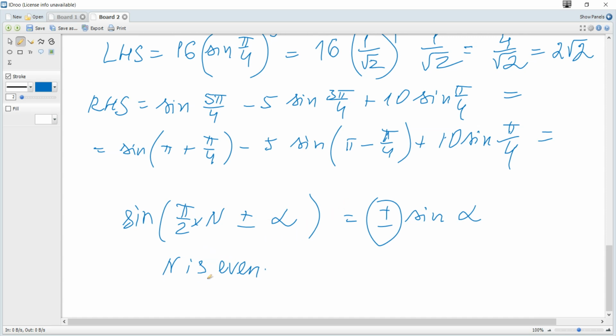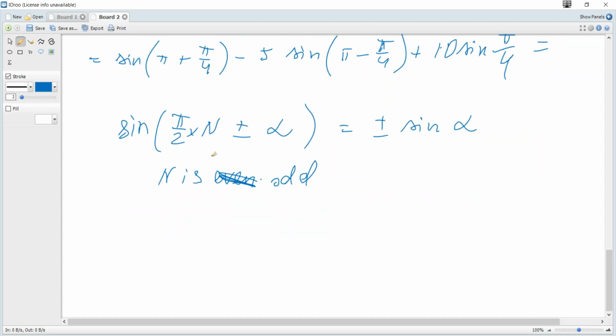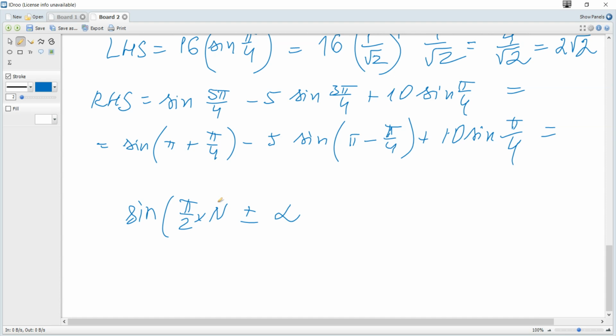And if n is odd, it means pi over 2 or 3 pi over 2, then sine becomes cosine, cosine becomes sine. So here you can see that it's pi, it means n is 2, it's even, so it will be sine. Or you may remember, if we represent as some angle which is here or here, n will be even, so it will be the same function, plus minus acute.